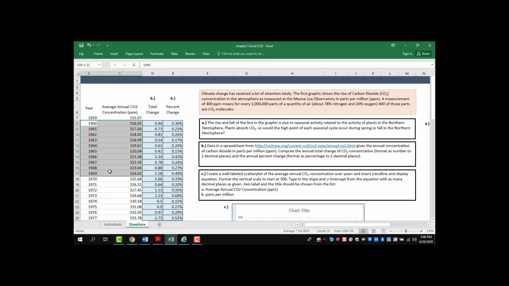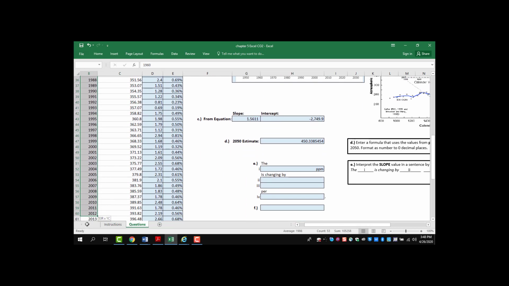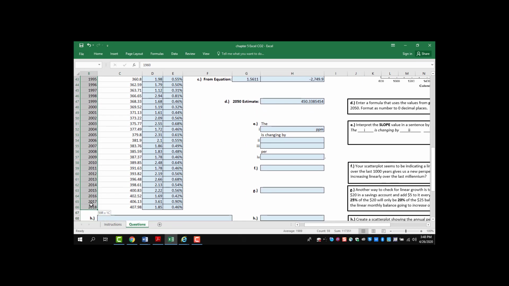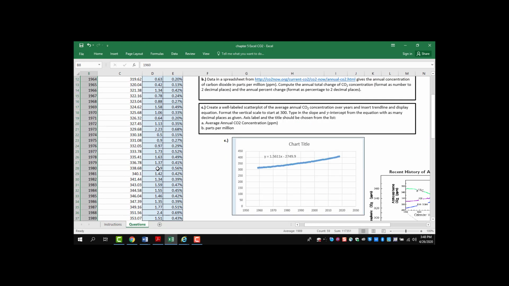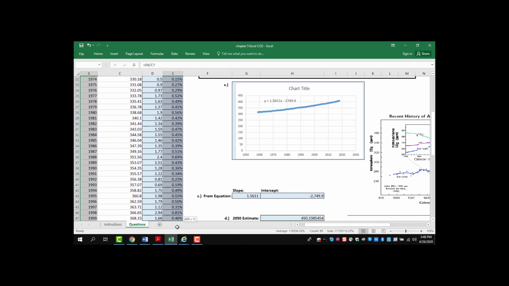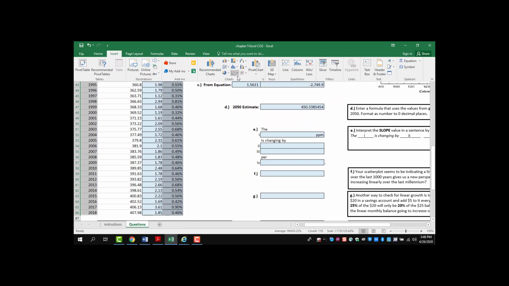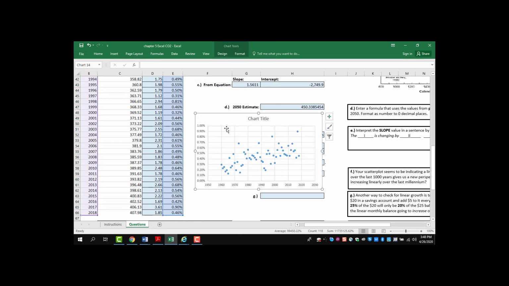So starting with 1960, now you can't have a percent change of 1 year. Grab those. I'm going to hit the control key, click here, and grab those. They're percent changes. So that's what I'm grabbing. And I'm going to insert a scatter plot.